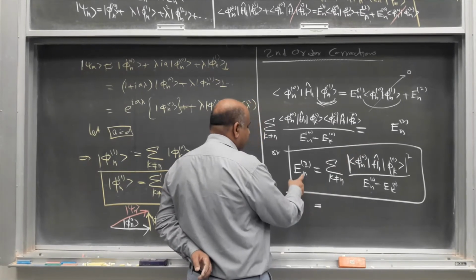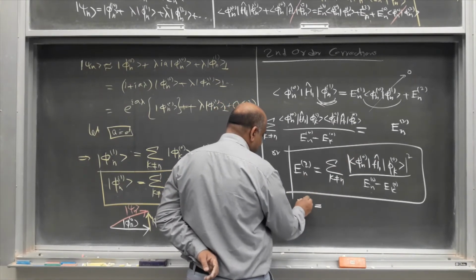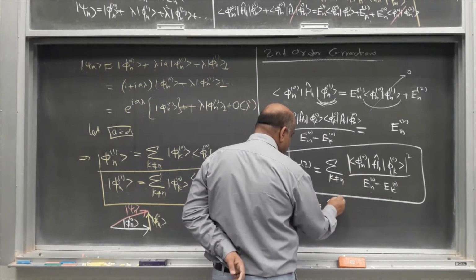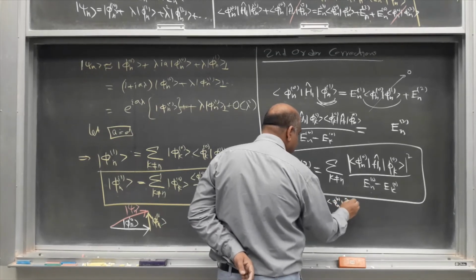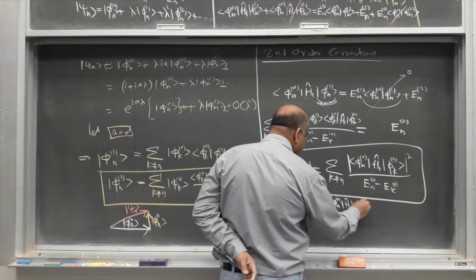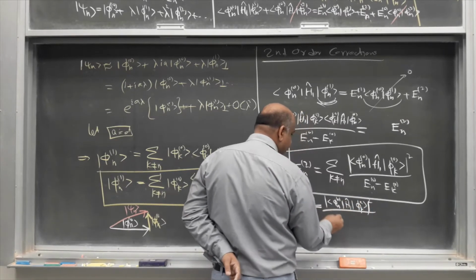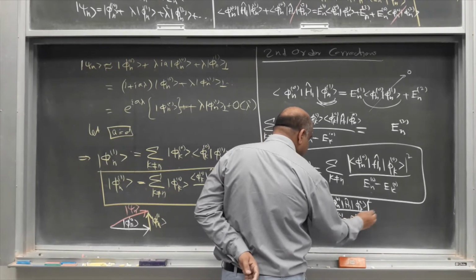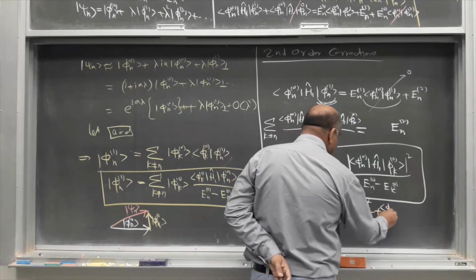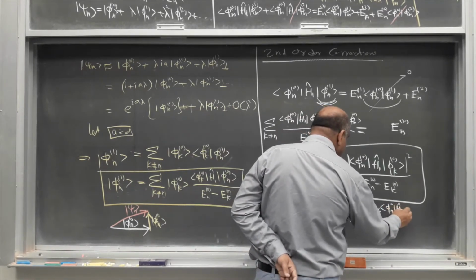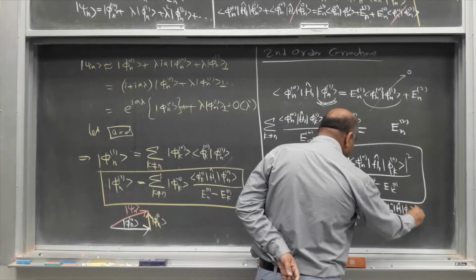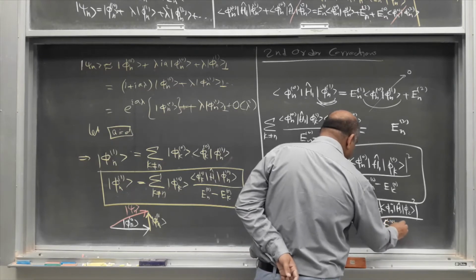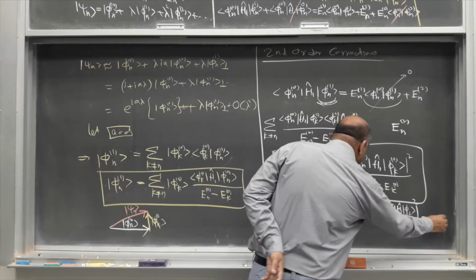For example, you are looking for En2, and for that you work out this for phi 1, take its square, divide it with En0 minus E10, plus phi n0 h1 phi 2 mod square over En0 minus E20 and so on.